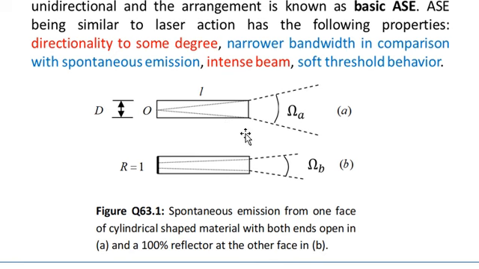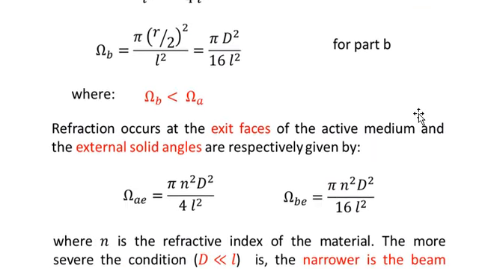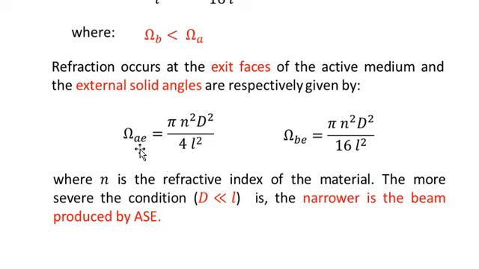Due to the refraction, the solid angles outside may be called external solid angles, and we use a subscript E for that. So E as a subscript stands for the external solid angle.